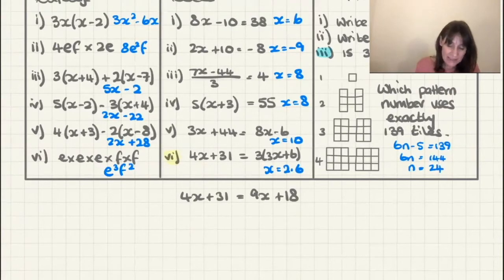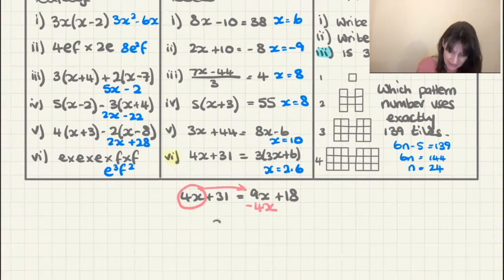Now I just need to be thinking about what I'm going to do next. I need to move the x's so they're together, and I need to make sure that I move the smallest set just to avoid any negatives coming in. So the 4x is going over, it's landing as minus 4x.